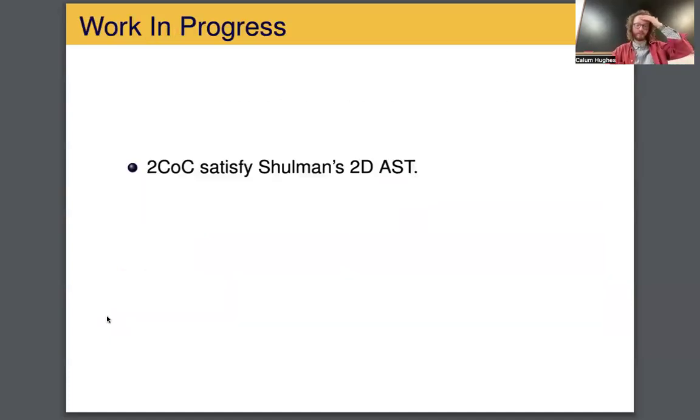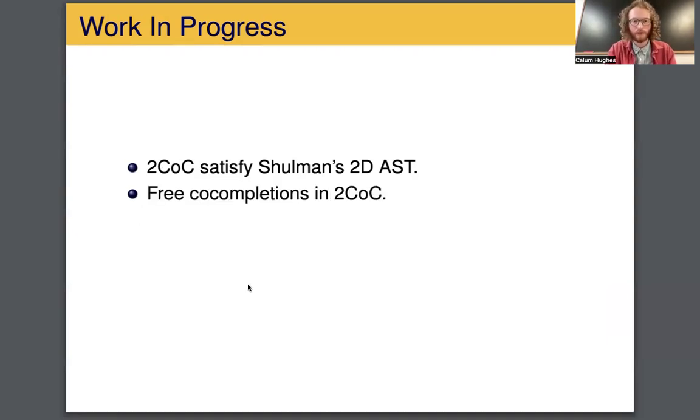Great. So in the work that we're currently doing with this, we've shown that 2-categories of categories satisfy Schulman's two-dimensional algebraic set theory, or at least we've shown most of this. We've still got one condition to show. This is work in progress. We also want to be able to define free co-completions in a 2-category of categories.